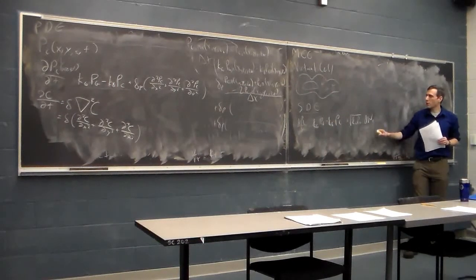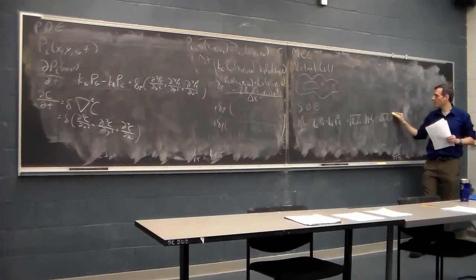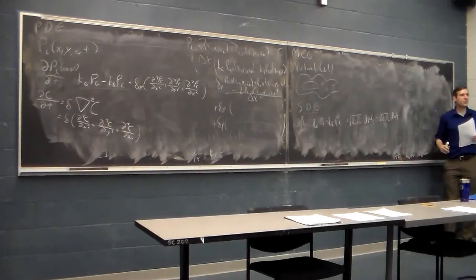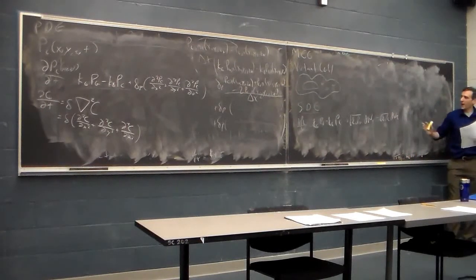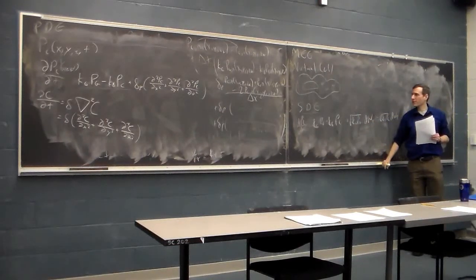And then we could have another noise process that describes noise in this reaction, so minus square root of K8, PC, dW2. And if this were a noisy reaction system, we would want to account for how that noise shows up in other reactions.